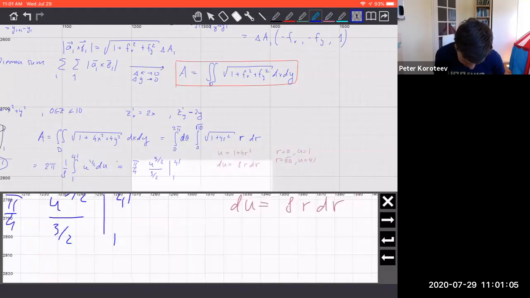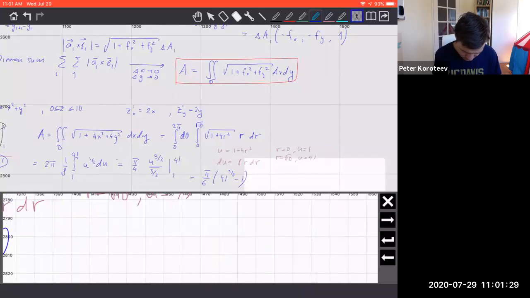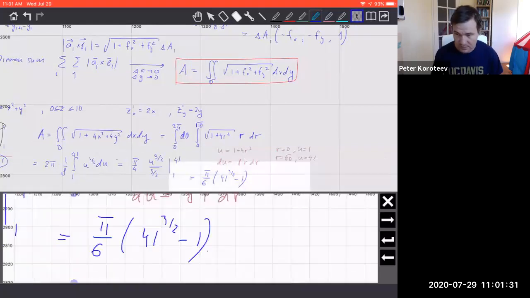It's equal to pi over 6 times (41 to the power 3/2 minus 1).